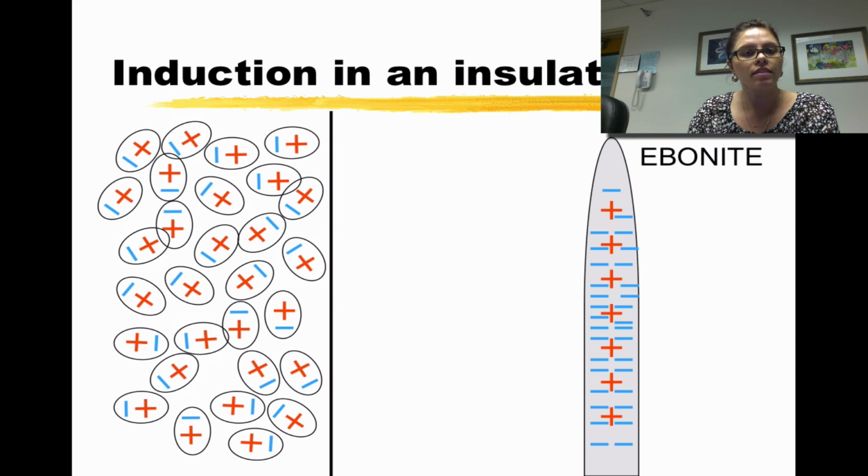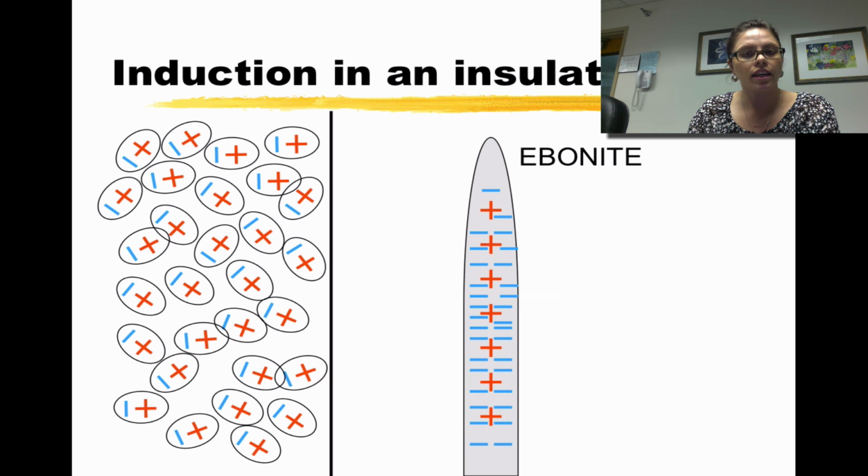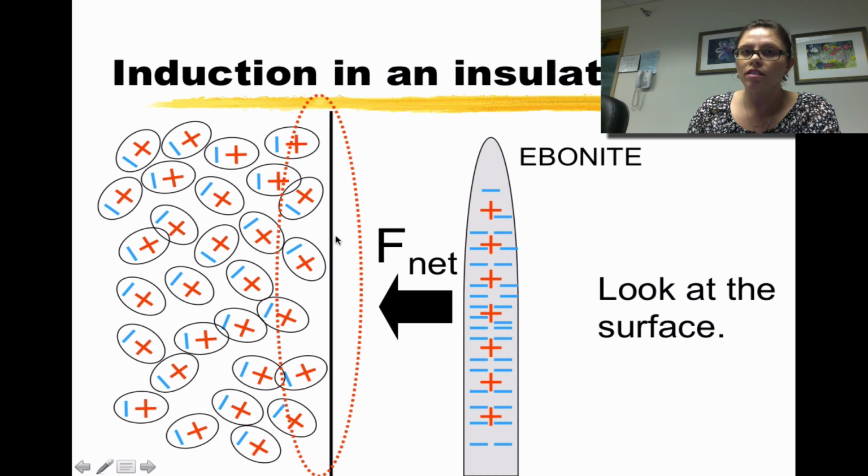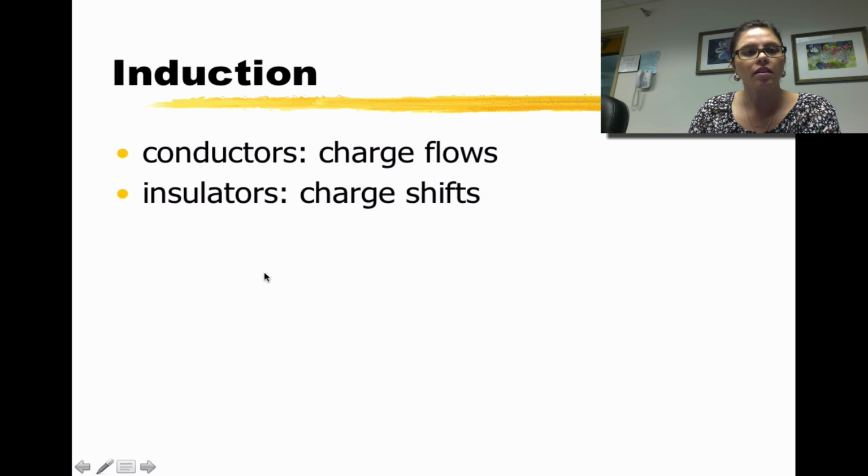A couple of these little egg shapes with the positives and negatives get closer, and they shift around. So if we look just at the surface of the glass, it looks like it's positively charged. So this ebonite will have a net force towards the glass. It won't be as strong as with the conductor, but it is still present.